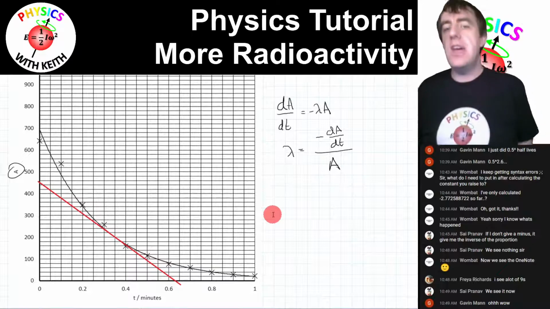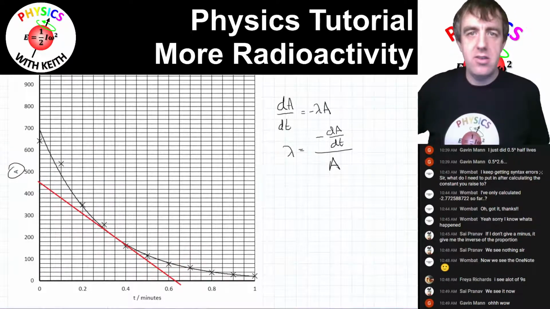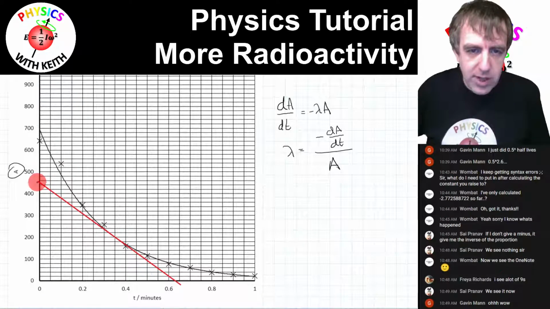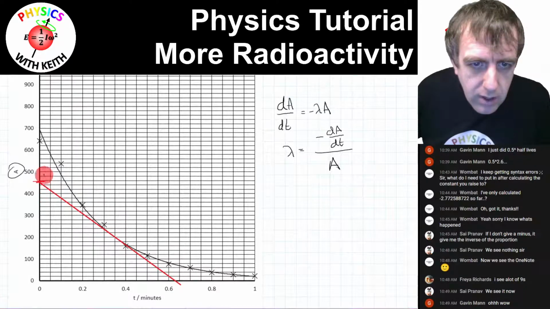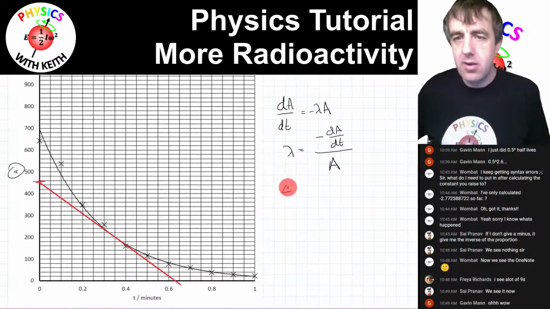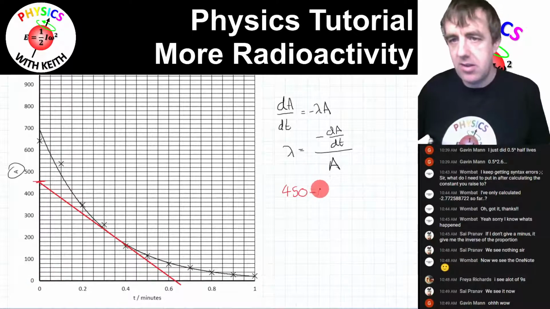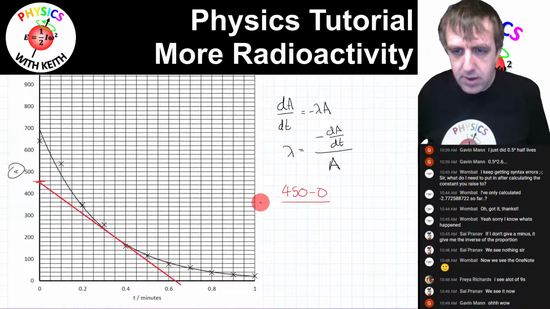So you draw your tangent and you compute the gradient of your tangent. I'm going to do that here. I'm going to say that this goes all the way up to... I'm pushed for time, so 1, 2... Let's just say it's halfway between. Let's say it's 450. So 450 minus... Let's read it from the axis, 0, divided by... This is the gradient, by the way.